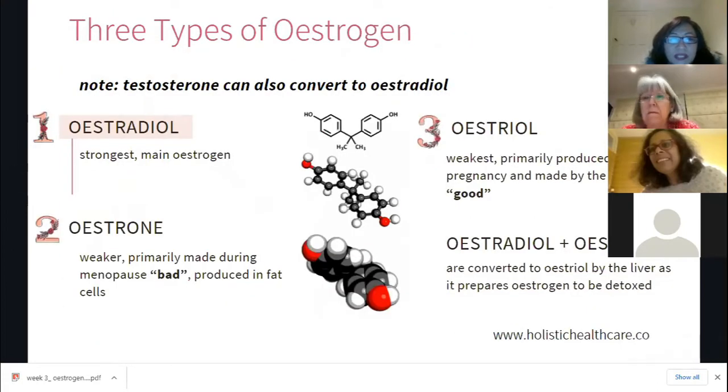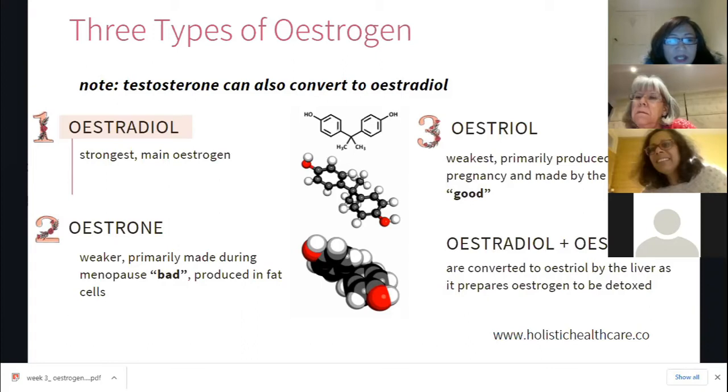There are three main types of estrogen in our body, and bearing in mind testosterone can also convert into estradiol as well. This is how men can develop estrogen, through testosterone converting over to estrogen, same with women. So the first form is called estradiol, and that's the strongest and the main estrogen.